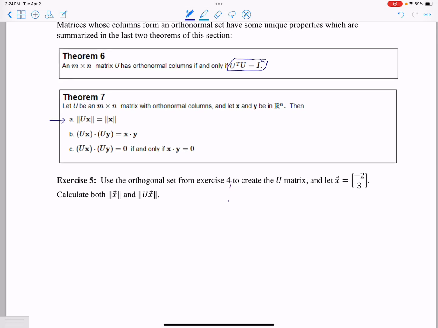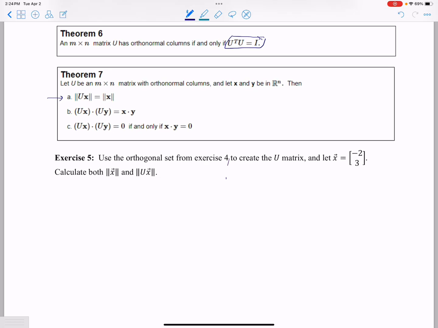Exercise 5 has you do this. So let's use the matrix U from the previous example. We found 2 orthonormal vectors, (-2/3, 1/3, 1/3) and (1 over root 5, 2 over root 5, 0).